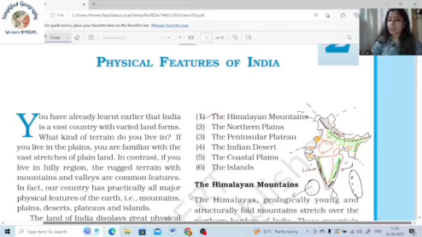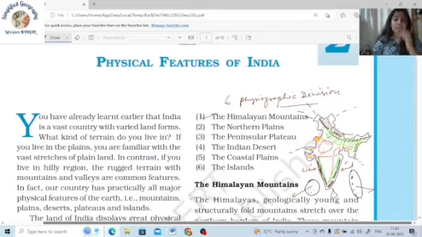In the west we have the Lakshadweep group of islands, and in the east we have the Andaman and Nicobar Islands. So these are the 6 major physiographic divisions of India. Hereafter we'll learn one after another the physical divisions of India in detail.